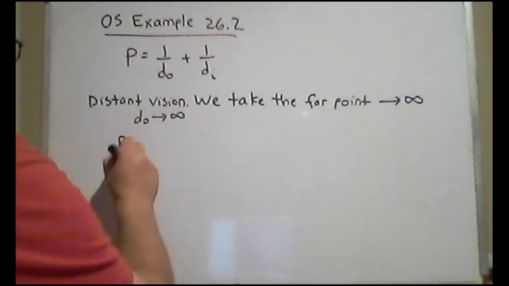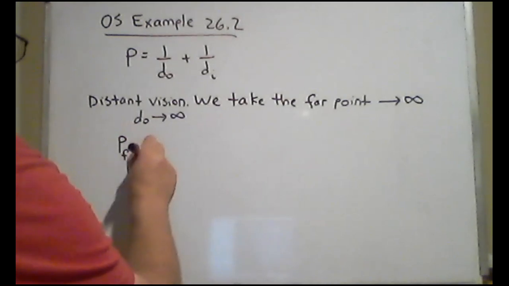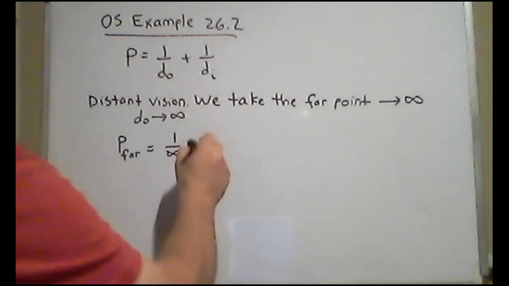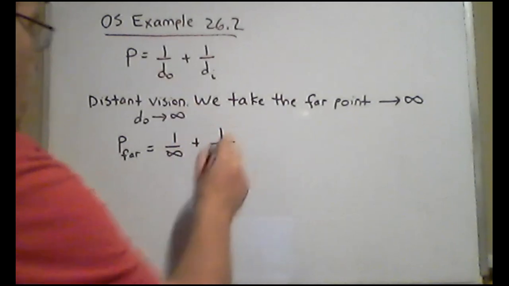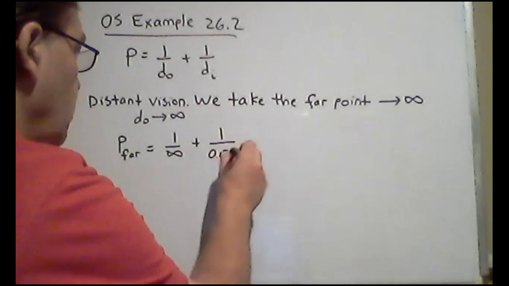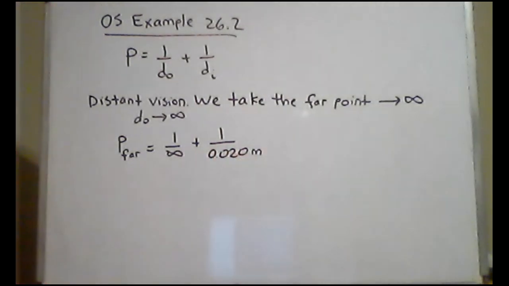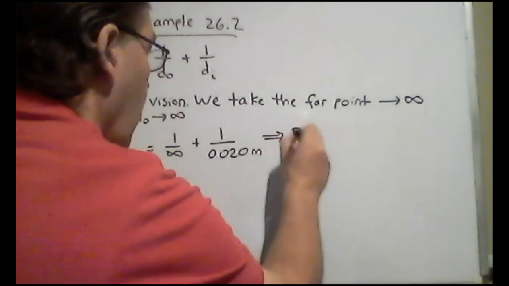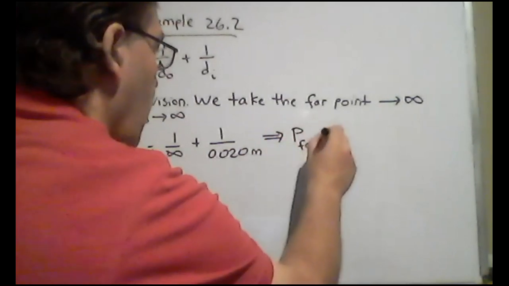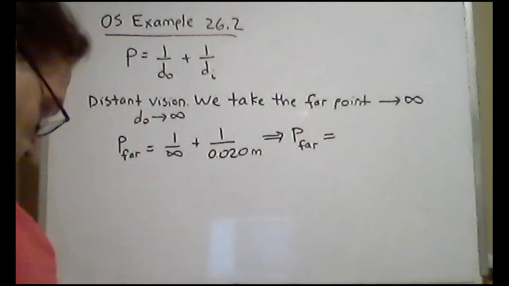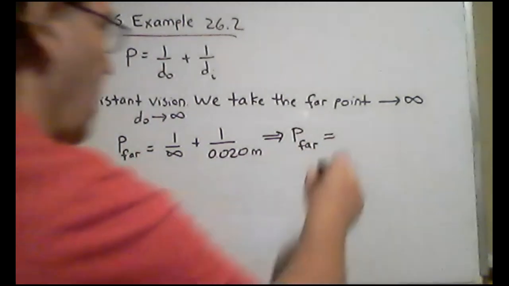That means the power, P far, will be 1 over infinity plus 1 over 2 centimeters, which is 0.020 meters. And you find out that P far, the power when the eye is totally relaxed, is 50 diopters.